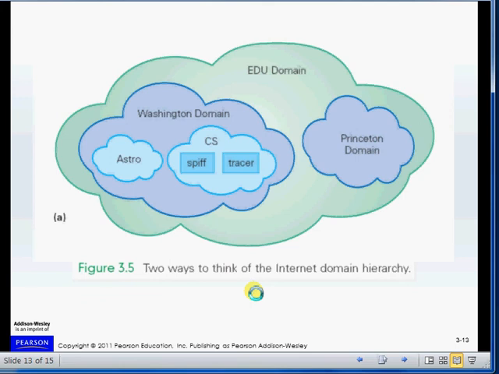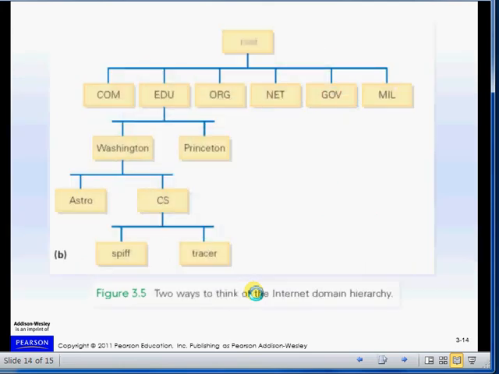Here's another way to display a hierarchy graphically, with something you see in the business world, an organizational chart. We refer to the very top of the whole domain structure on the internet as the root, and we use a single period to represent the root.